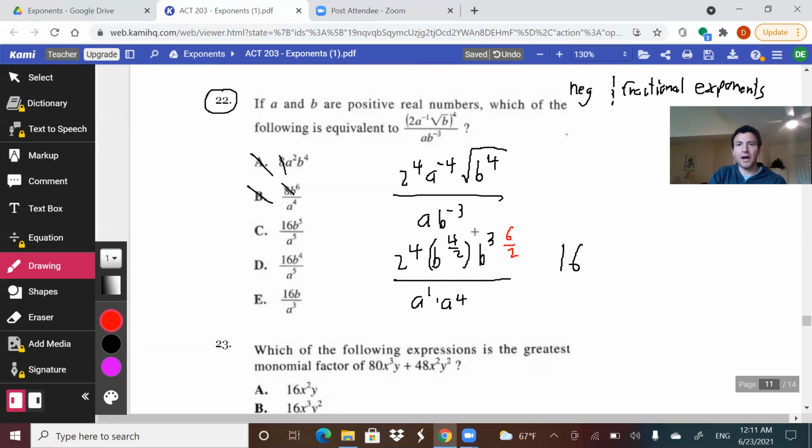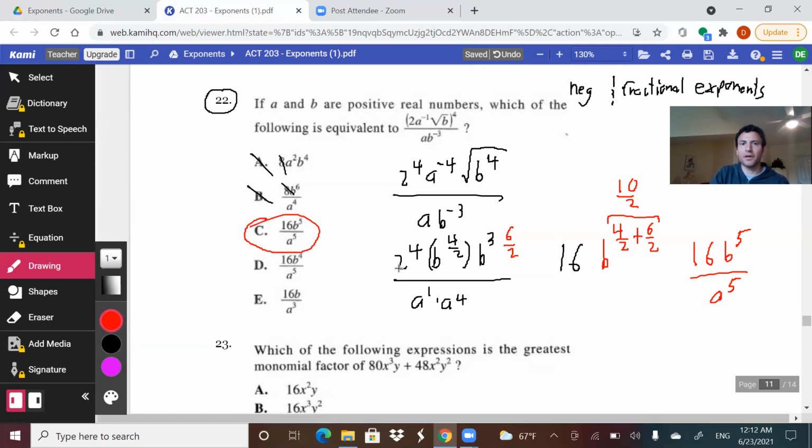We can't multiply 4 over 2 and 3 over 2, we have to add the tops. So this becomes b to the 4 over 2 plus 6 over 2. And that gets us 10 over 2. So really, it's 16b to the 5th over, and on the bottom, a to the 5th. So we're looking at C there.